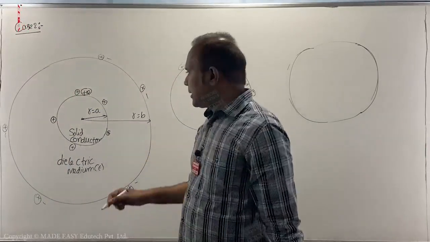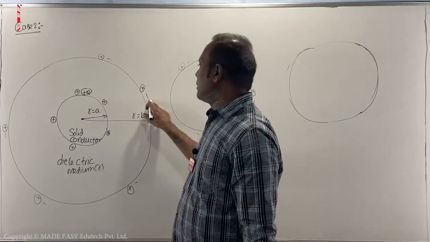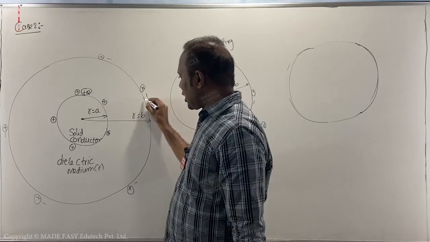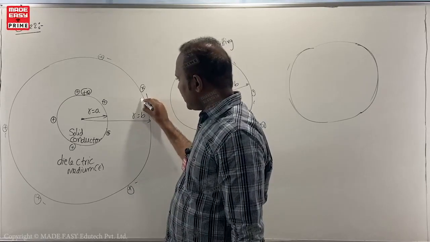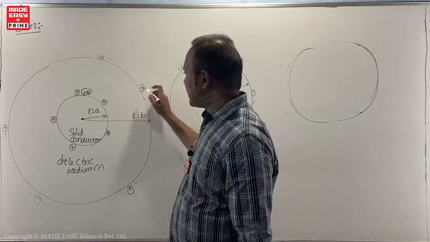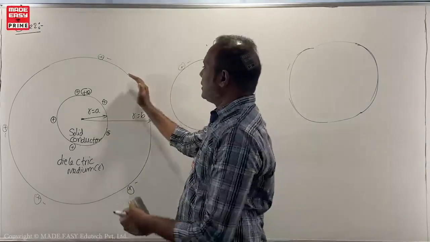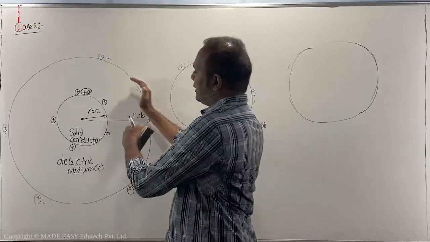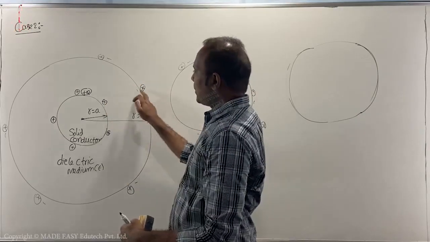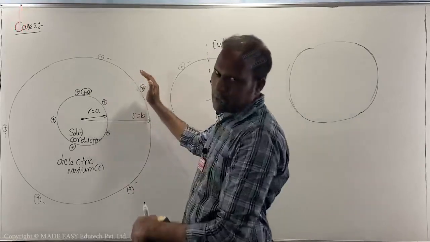Now, what happens? This positive charge attracts this electron. Now, this is conductor, no? Electrons can go from this side to this side, anywhere. So this electron comes and stays on the innermost surface. This is the conductor surface. This is inner surface, this is the outer surface. Because this positive repels this positive, so it is on the outside surface, positive ion.